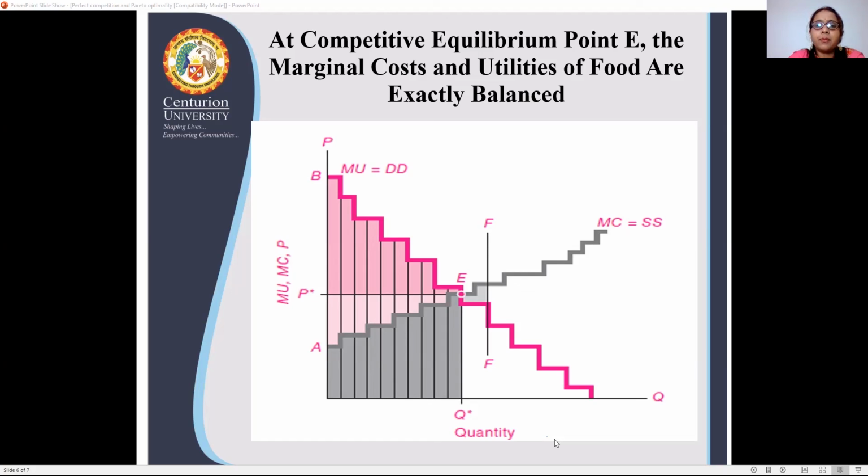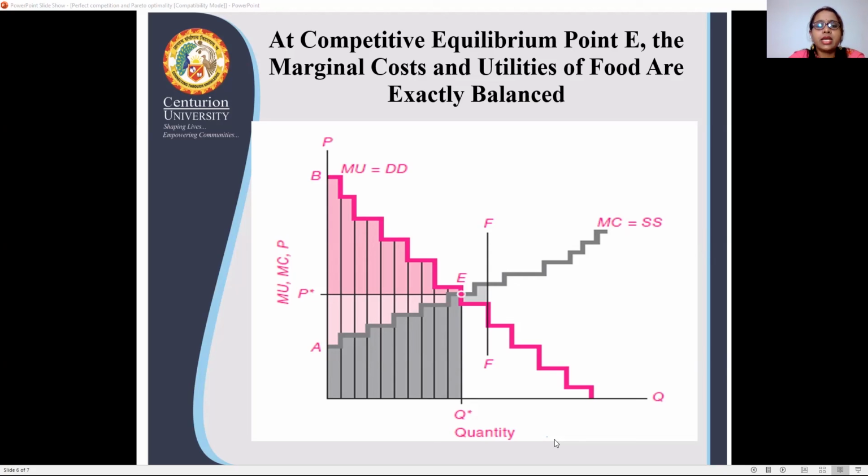That means a perfectly competitive economy is efficient when marginal private cost equals marginal social cost and when both equal marginal utility. So each industry must balance marginal cost and marginal utility.